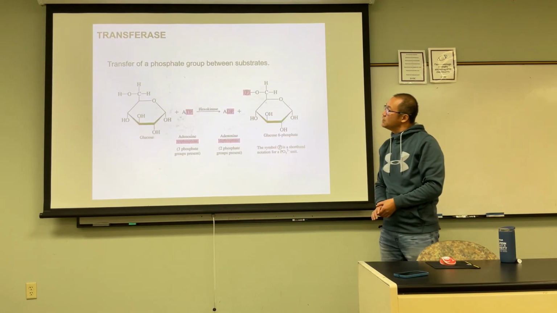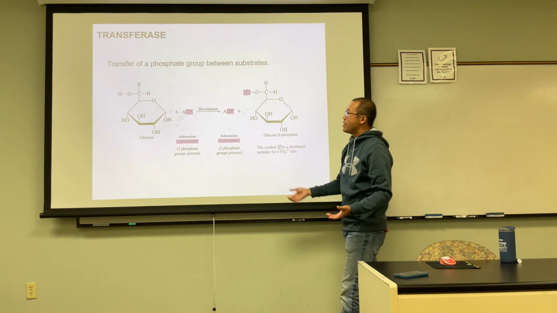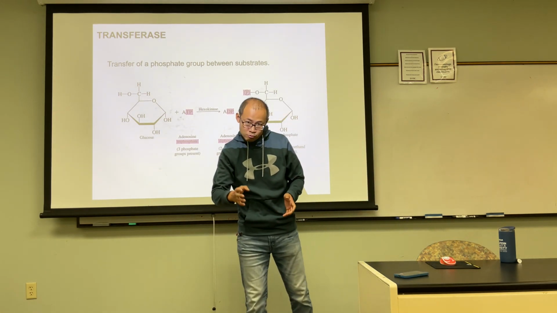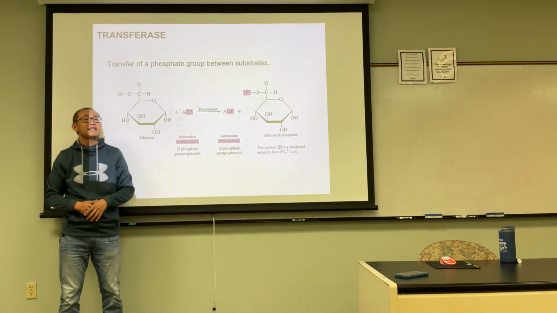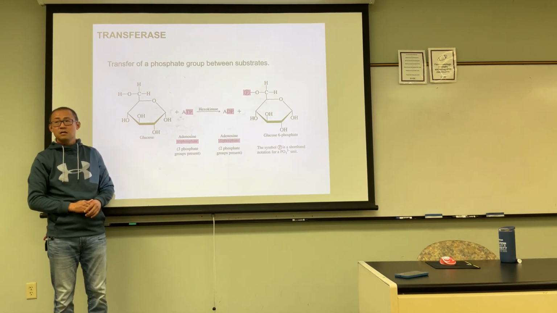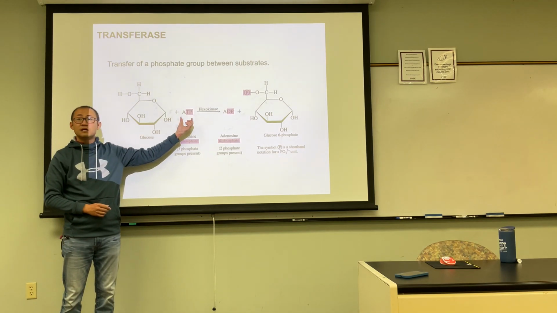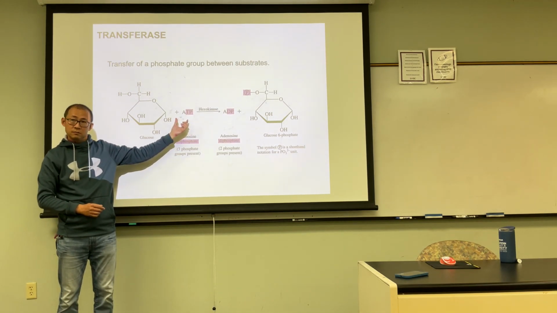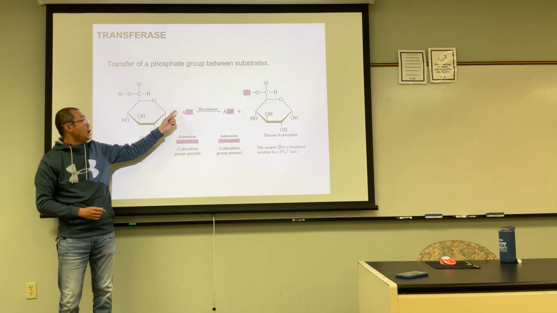Next, transferase. What does transferase do? Transfers something onto a molecule. In this case, very commonly seen is a transferase that transfers a phosphate from a molecule called ATP, adenosine triphosphate, onto the sugar.